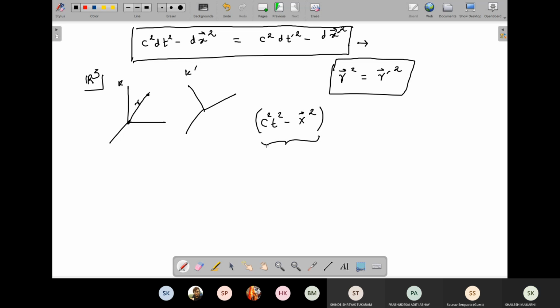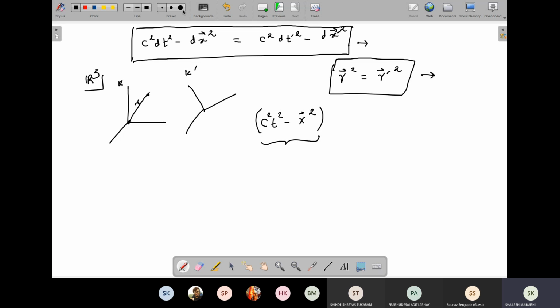So this is the analogous statement for rotation in 3D. In fact, this is what we are going to do: you can view the transformation between two frames as rotation in the tx plane or ty plane or tz plane.